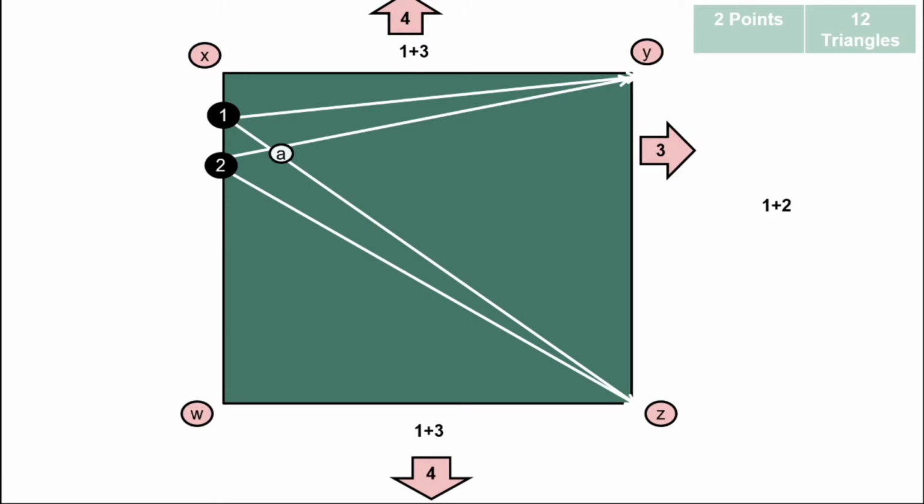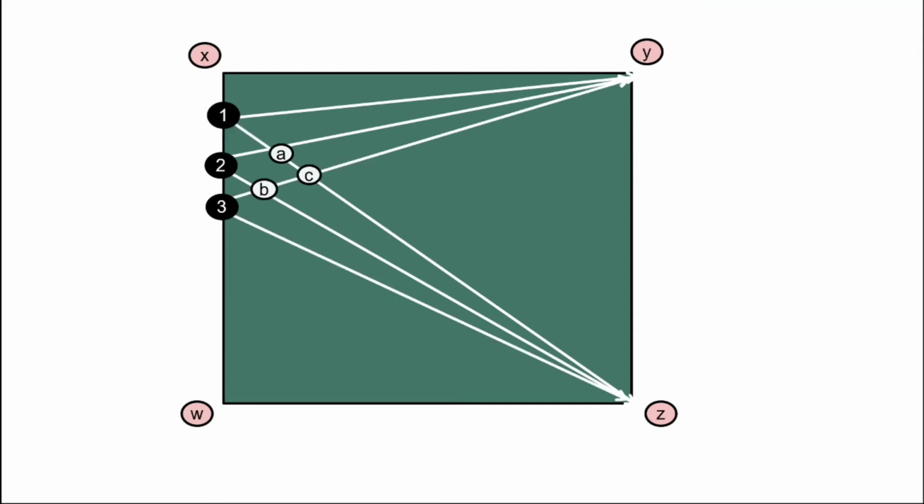On the bottom, we have 4 again. On the left side, we have 1 triangle, which is 2WZ.